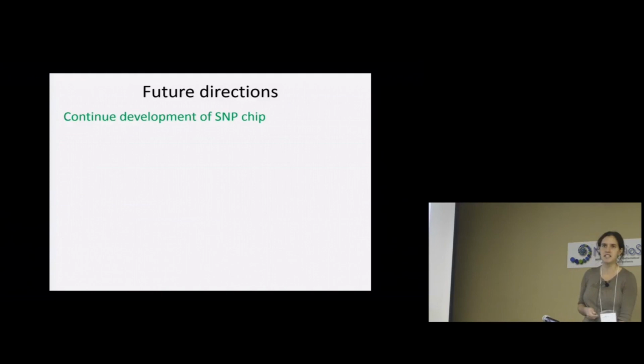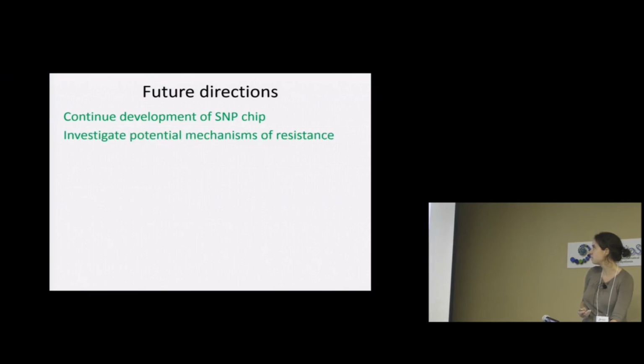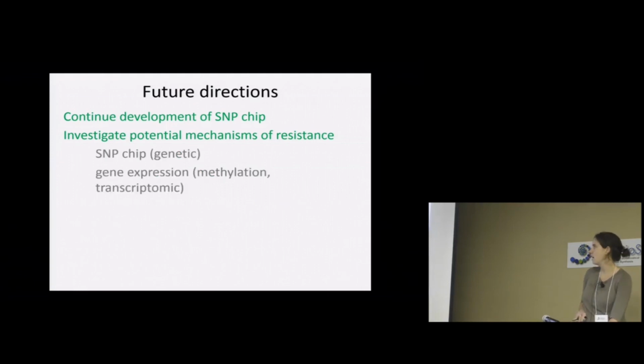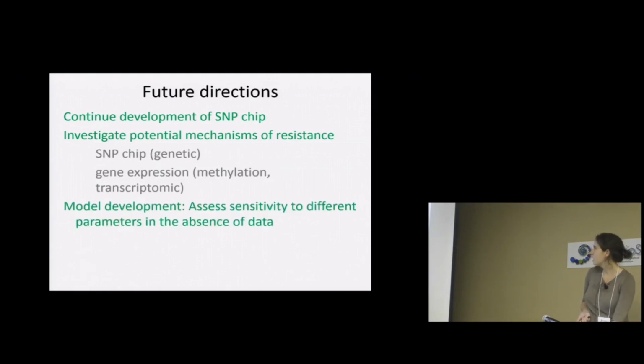So future directions are to continue to develop our SNP chip and hopefully to estimate some of the population genetic structure, and investigate potential mechanisms of resistance. These can be mechanisms that we find based on our SNP chip or based on gene expression from our methylation studies or our transcriptomic results.